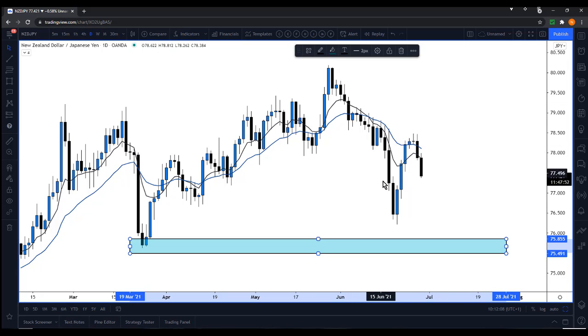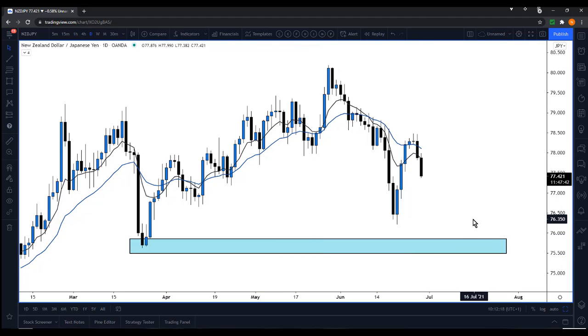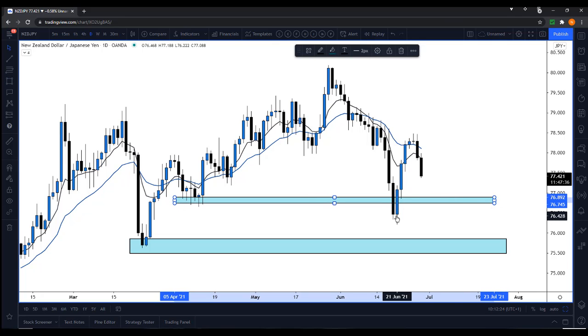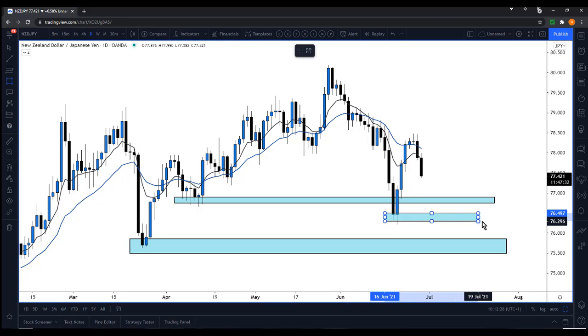So we have a cycle, a correction, or I should say an impulse, a correction, and maybe another impulse back into here. That's the 75-80 zone. Who knows? But again, there is a little bit of structure here, which you would have to think about. There's obviously structure here as well. We'll just have to see what barriers stand in the way of Kiwi yen.